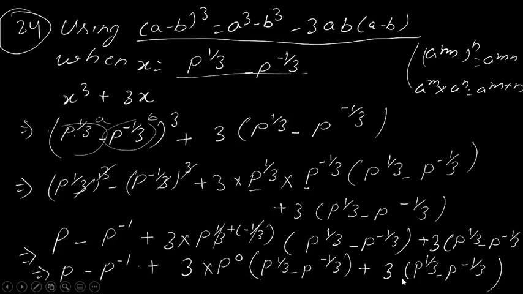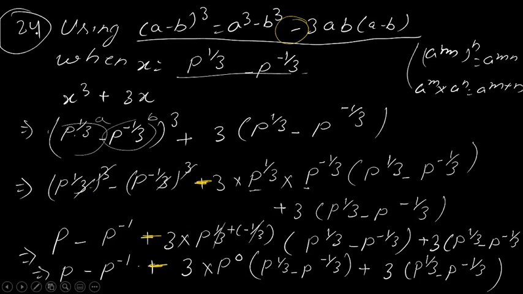Okay, you have done one mistake here. See, a cube minus b cube minus 3ab, so a cube minus b cube minus 3, right? Right, sir. So the next step, you will write p minus p to the power minus 1 minus 3 p to the power 0, equal to 1.